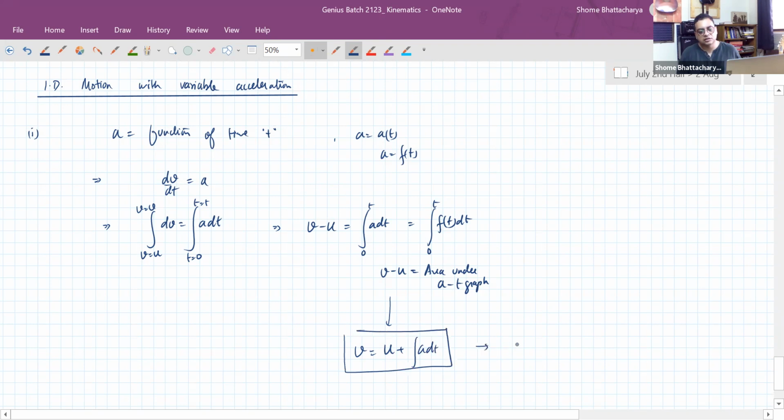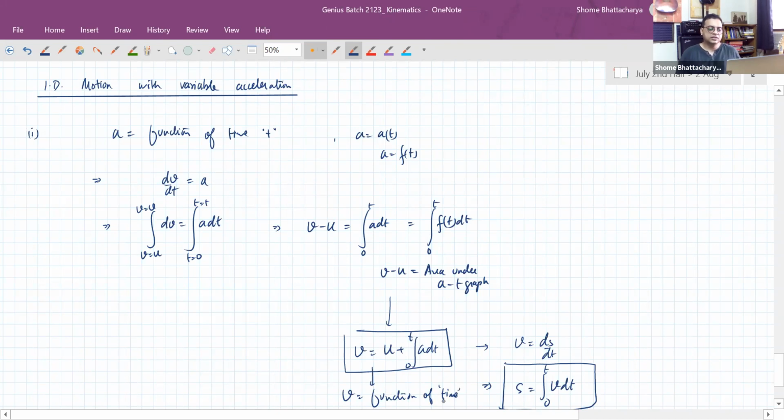Next we will interpret v as ds by dt, and we will calculate the displacement at time t by integrating this. When we solve this, v also becomes some function of time, because the upper limit that we have taken is not a specific value of time.